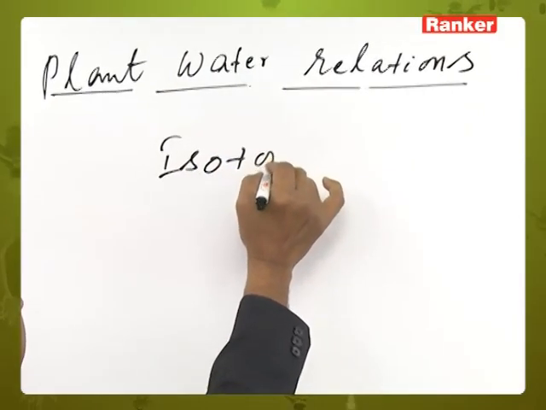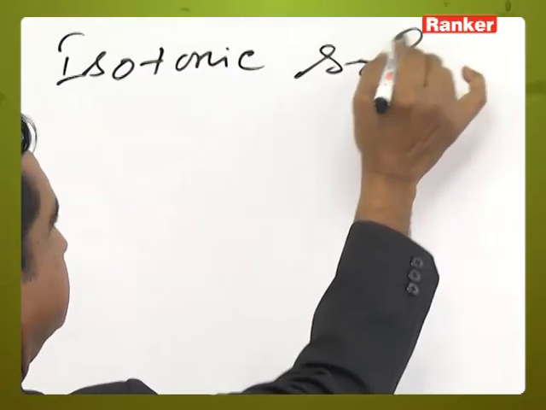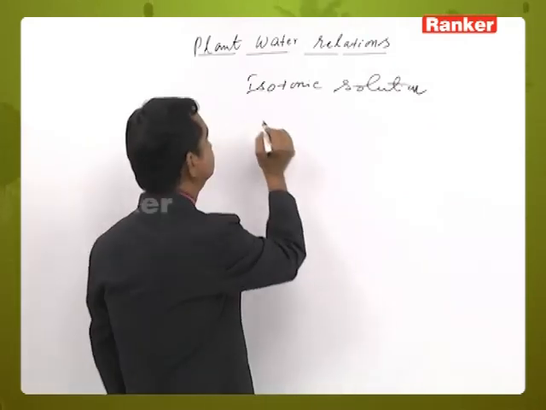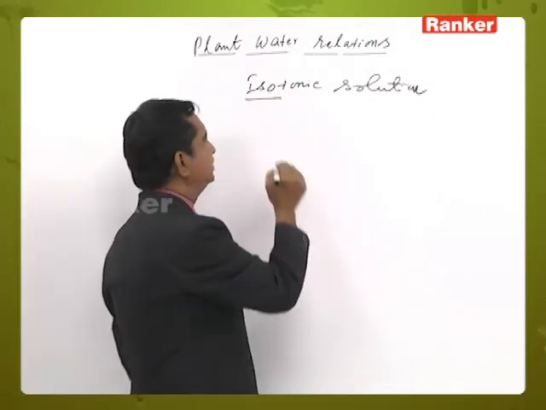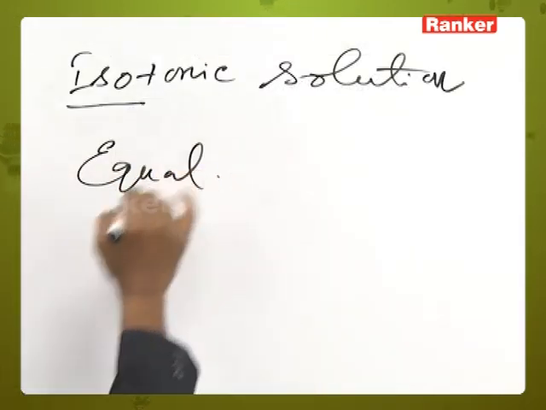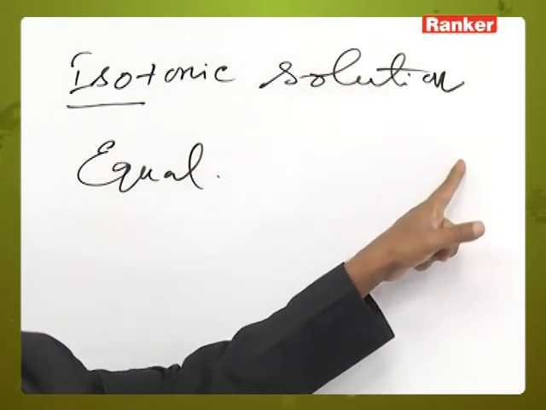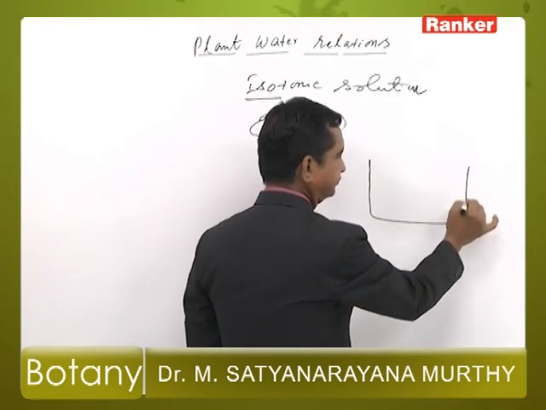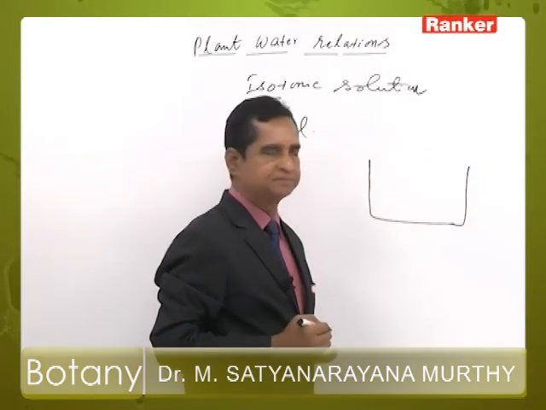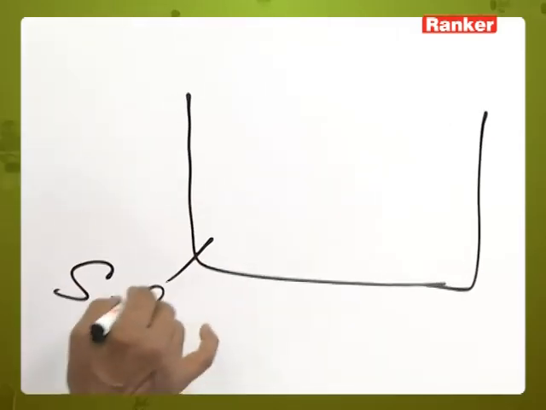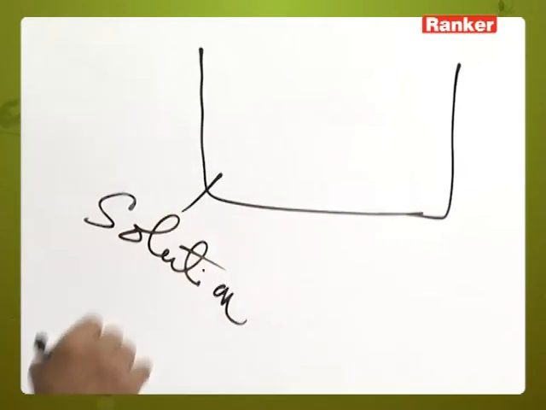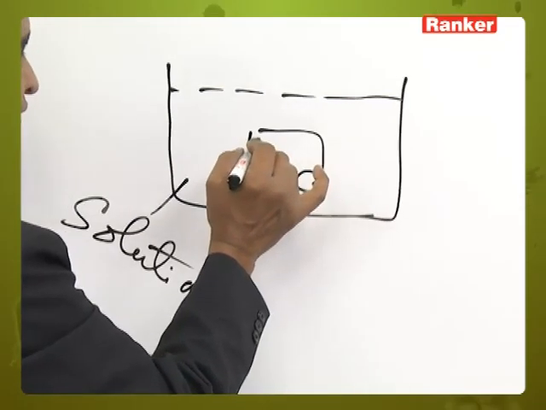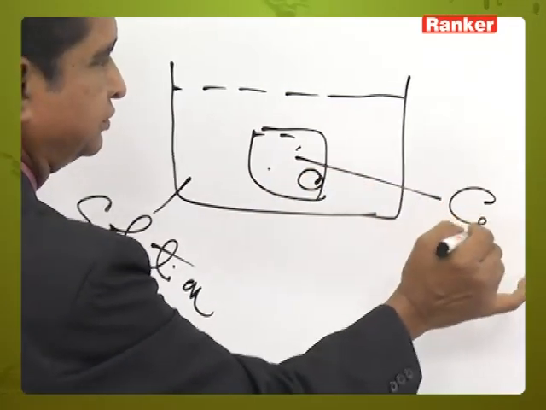Isotonic solution. Iso meaning equal. Isotonic solution means a container having a solution and a cell having its own solution.